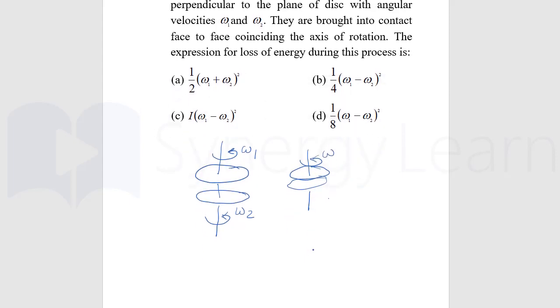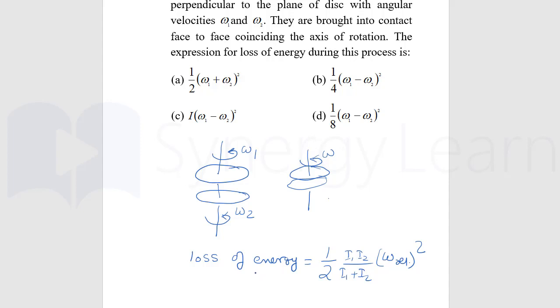So this case is similar to a collision between two balls, and in such cases we can use a concept similar to reduced mass. Loss of energy can be written as half I1 I2 by I1 plus I2 into omega relative whole square.